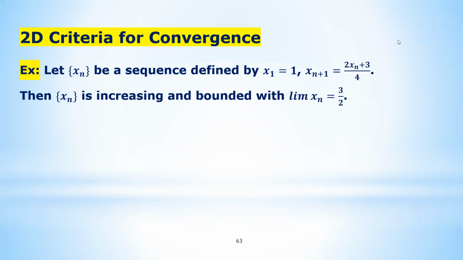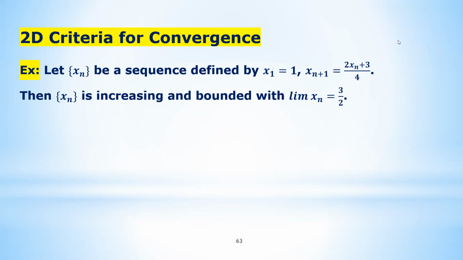By solving this equation, you can get the limit. That's why this case is very special. The key is to show that the sequence is increasing and bounded, which will guarantee the existence of the limit. How do you see this? The special way to do this is to use the method of induction.